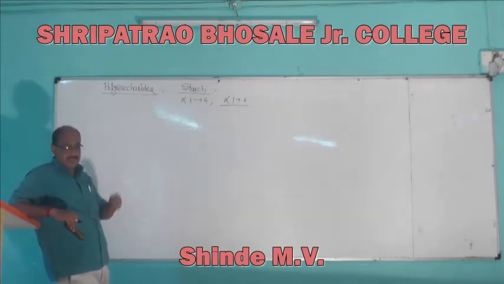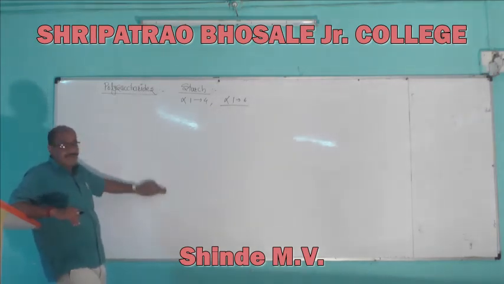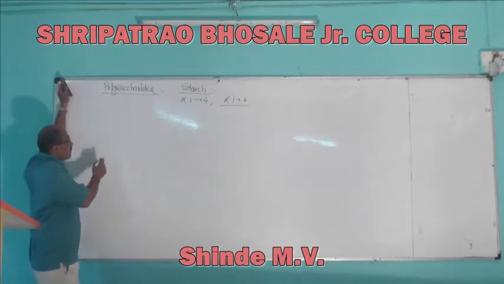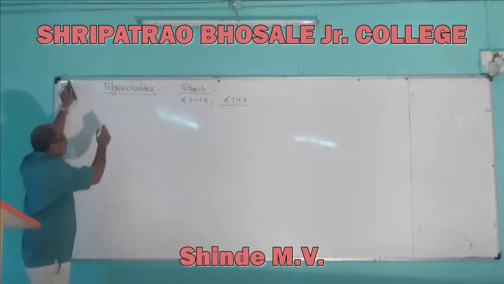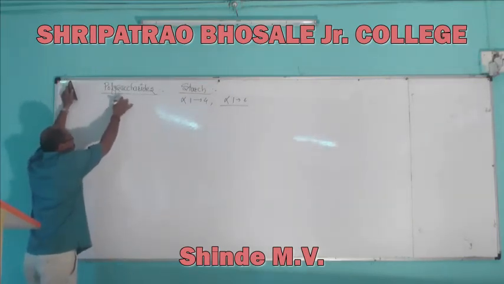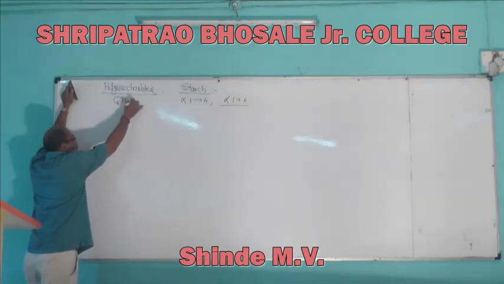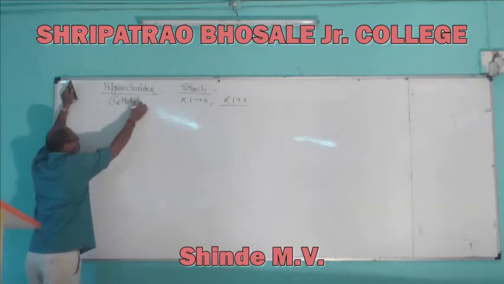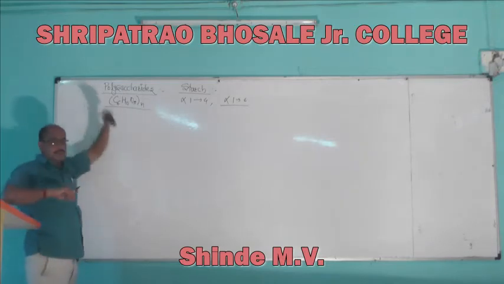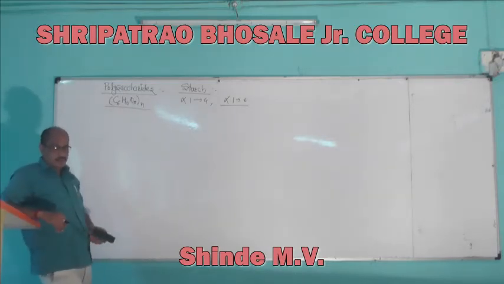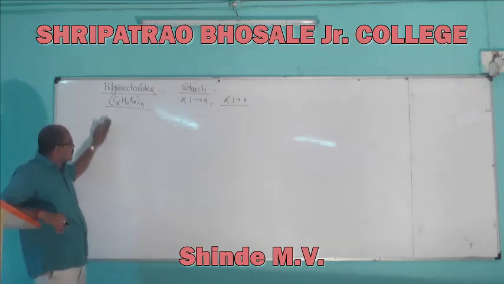The first one is amylose. The general formula is C6H10O5 n; a large number of glucose units are combined with each other by glycosidic linkages to form the structure of starch.